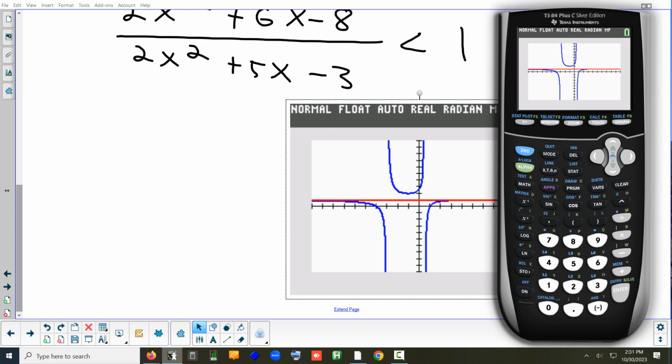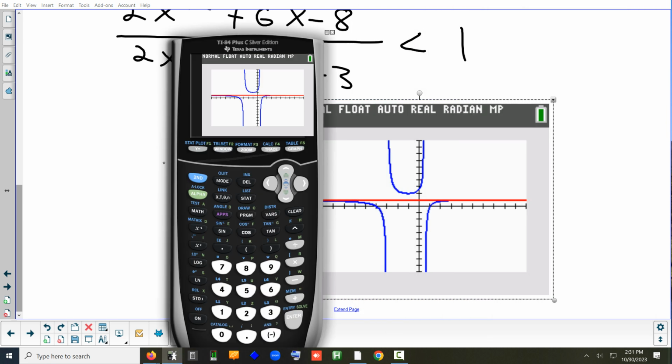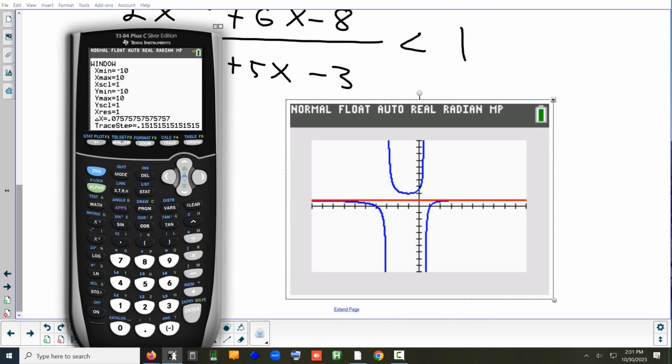Okay, so let's adjust our window. I'm going to set it to go up to 1 for the y max. And I'm only going to go down to -3 because I know it just keeps dropping down. I don't need to keep seeing it go down. So let's just go to -3. And hopefully I can see in here a little bit better.